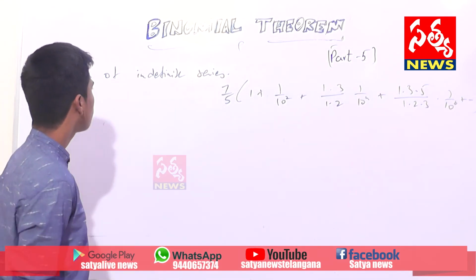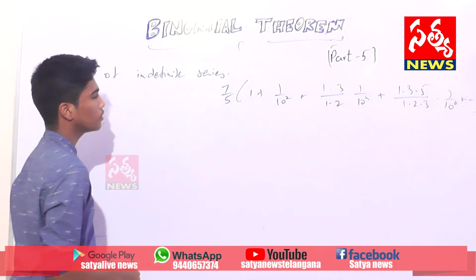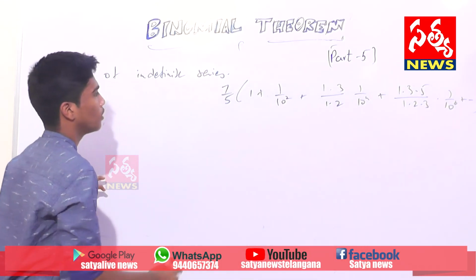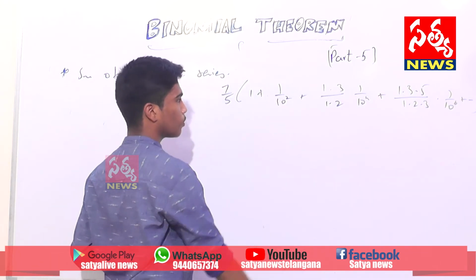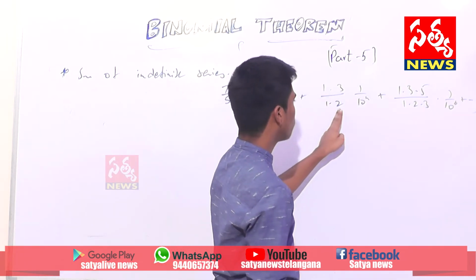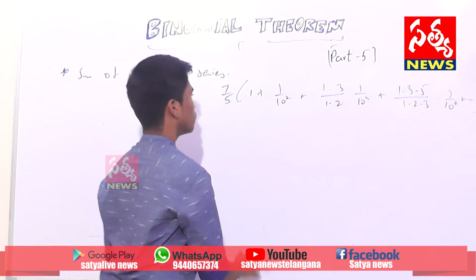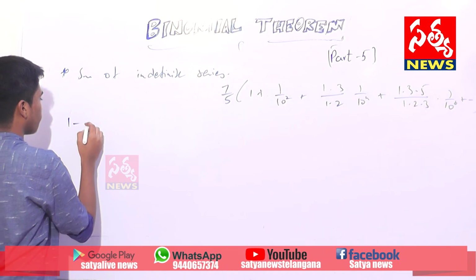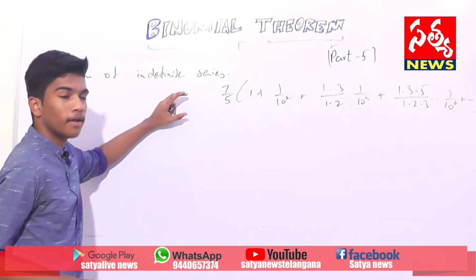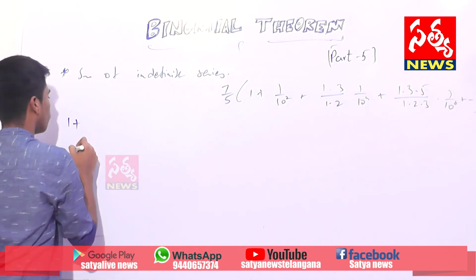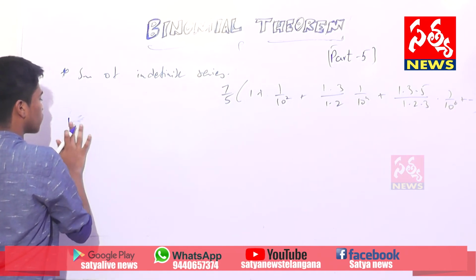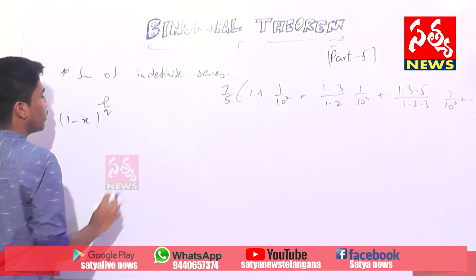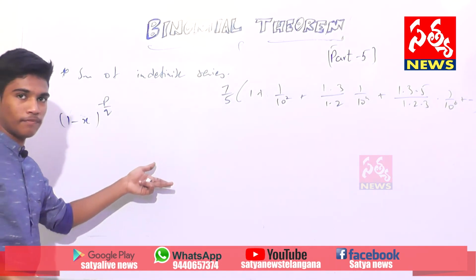So here is a problem related to the sum of indefinite series. We have to find the value of 7 by 5 into 1 plus 1 by 10 square plus 1 into 3 by 1 plus 2. So we have clarity that the expression we are going to obtain will be in the form of 1 minus x whole power minus p by q, as we discussed before.